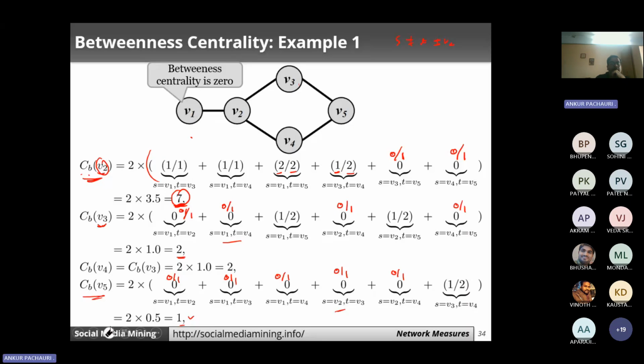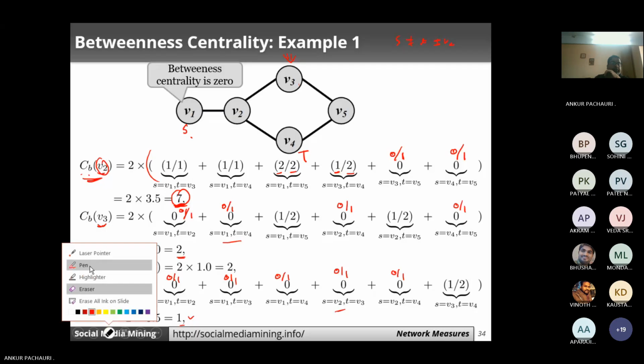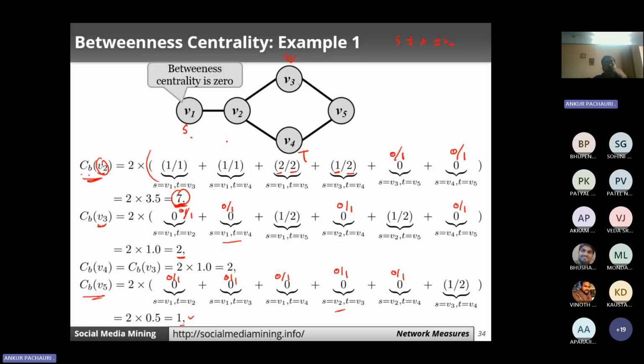If I'm talking about V3, that means this is my node of interest. If my source is V1 and my destination is V4, how many shortest paths are there? There's only one. Only one.